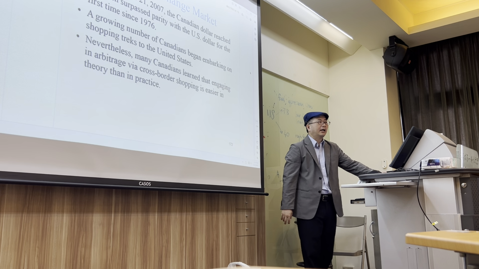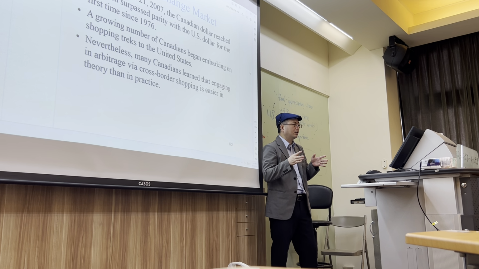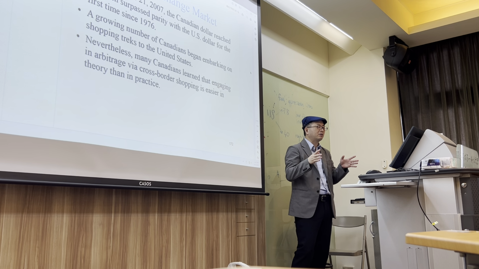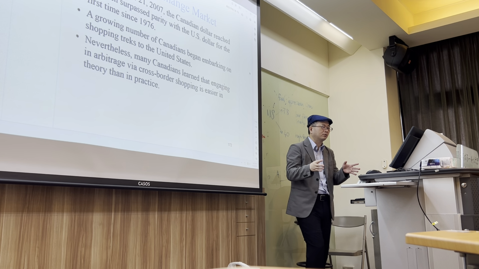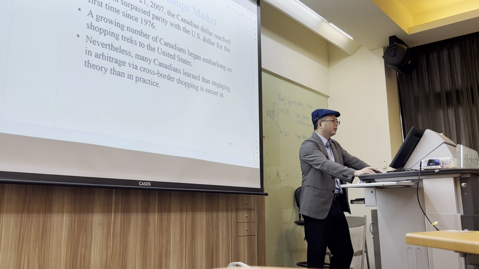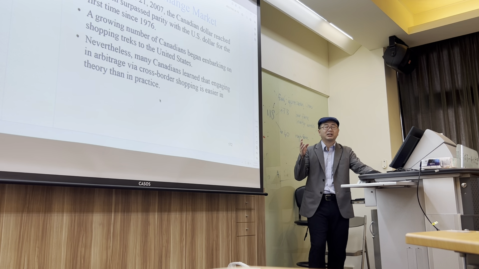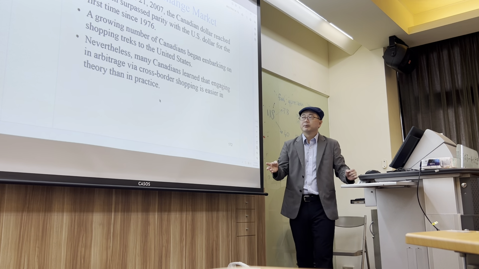Okay, and then you can see a growing number of Canadians began embarking on shopping treks to the United States. Nevertheless, many Canadians learned that engaging in arbitrage via cross-border shopping is easier in theory than in practice. Okay.